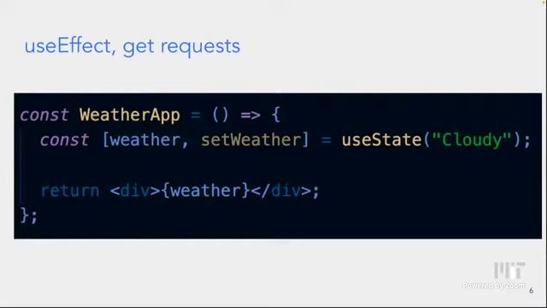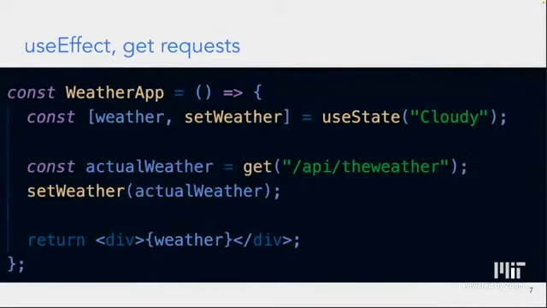So what we can do is, like, this one makes sense, right? We would try to get the weather from some server or somewhere, and then we set the weather to be the weather. That makes sense. That is how we can get the weather.